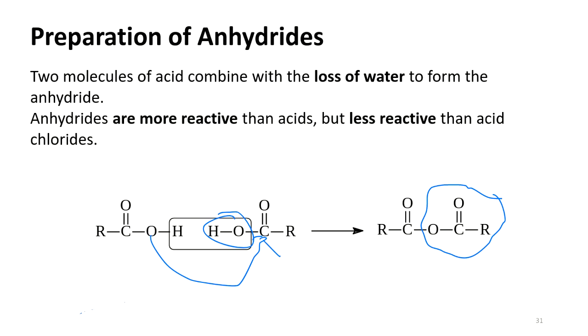Anybody? We could react, yes, we could use thionyl chloride, but we would use thionyl chloride to form something first, which is what we would react with our acid. What's a good leaving group we could have here? Instead of OH, what's a good leaving group we could have here? We just talked about it.